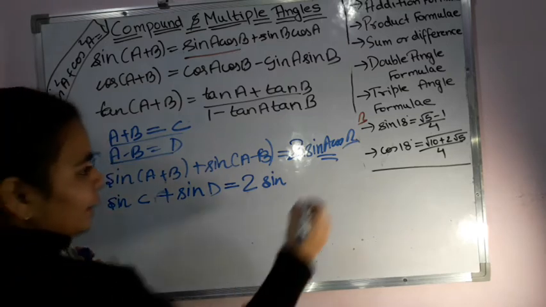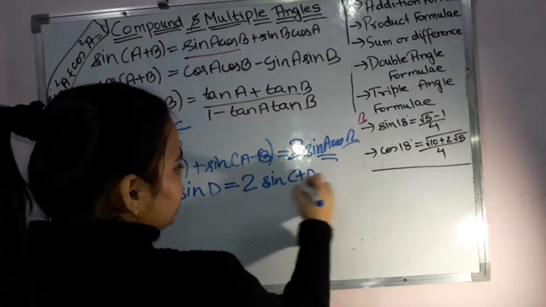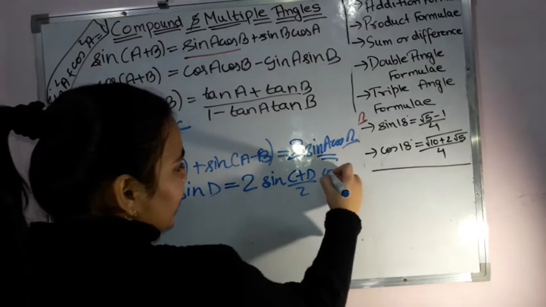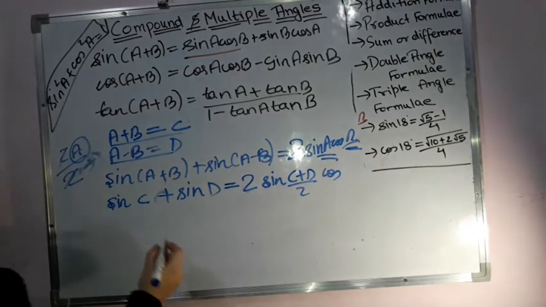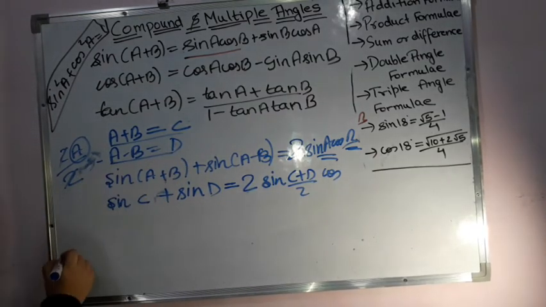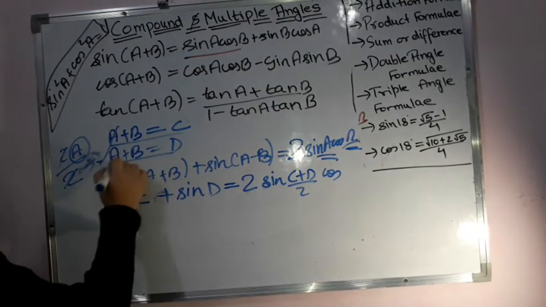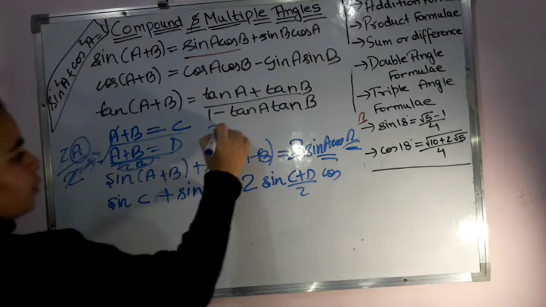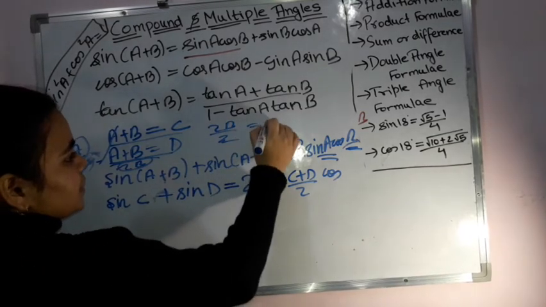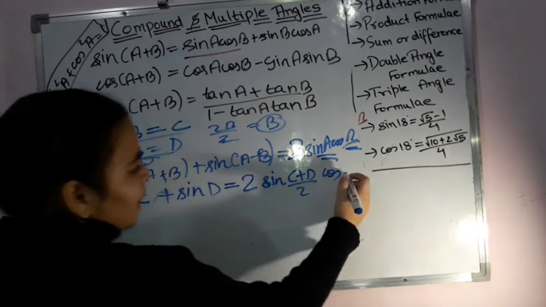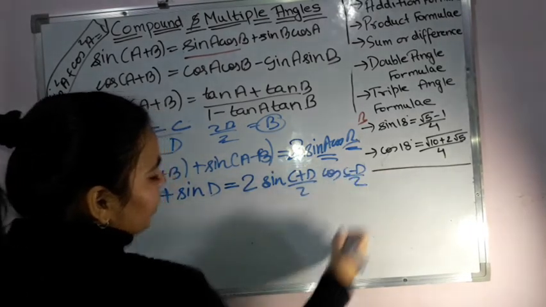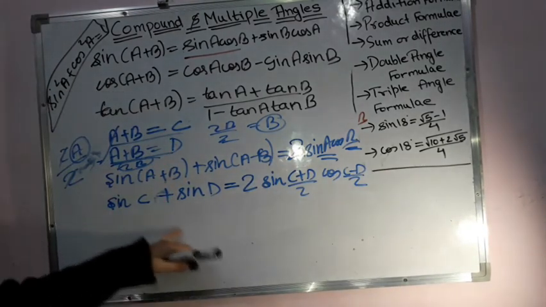That means I can write this as sine of (C plus D) by 2, and cos I can write it as B. B, how can I get B? If I subtract these two equations, I'll get what? They are getting cancelled, 2B, and if I do 2B by 2, then I get simply B. So that means I can write it as (C minus D) by 2.